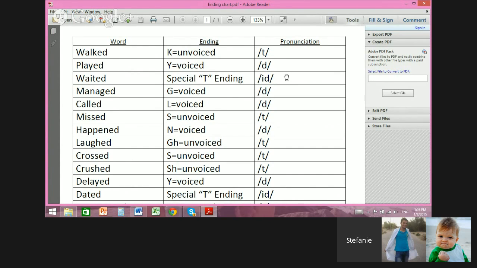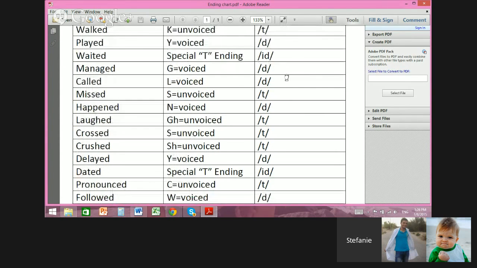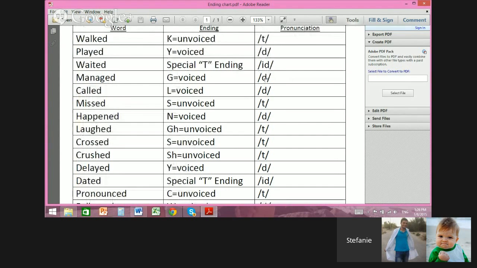Okay, so now we're going to take turns. You guys are going to help me go through this chart, and we're going to go through all of these words. So just like I did, I said the word is walked, the ending is K, it's unvoiced, and so it has a T sound at the end. I'm explaining this word, and I'm breaking it down. So I want you guys to try that. For example, Hema, take the word managed.